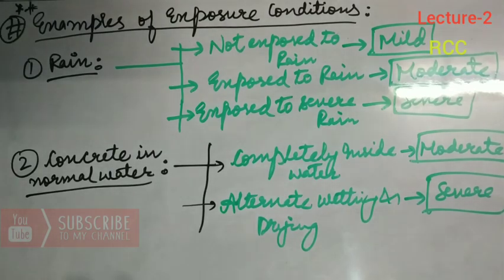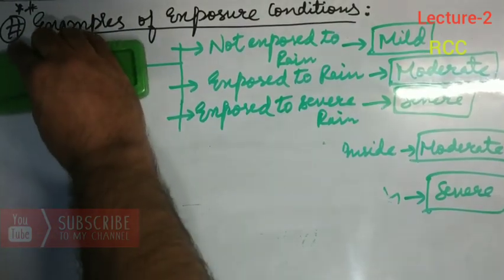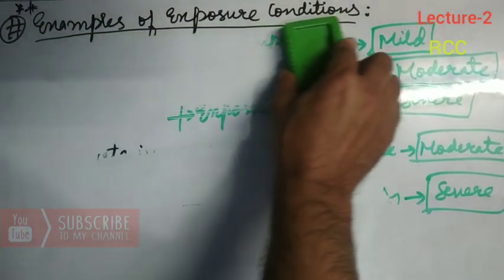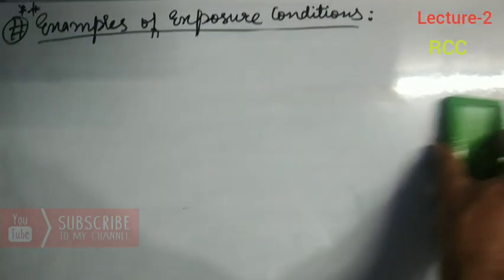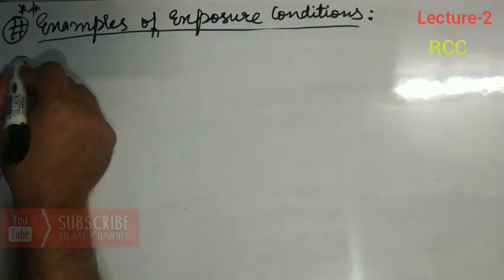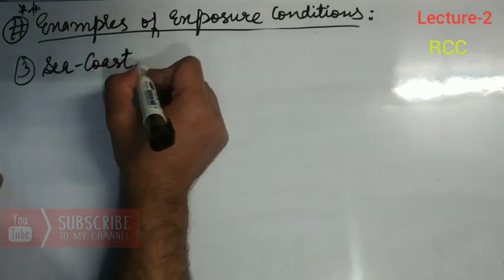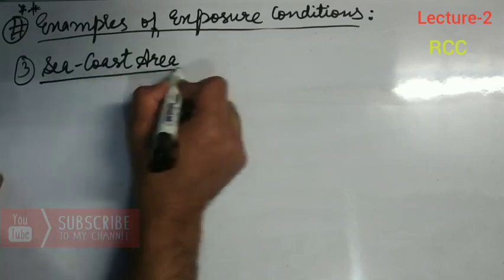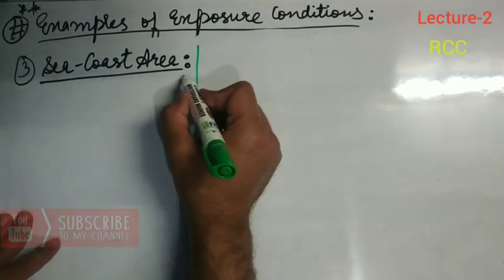So our next category is sea coast area. So under this, there are a lot of subcategories.